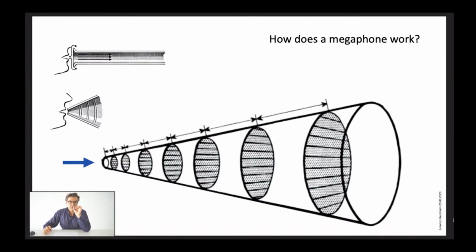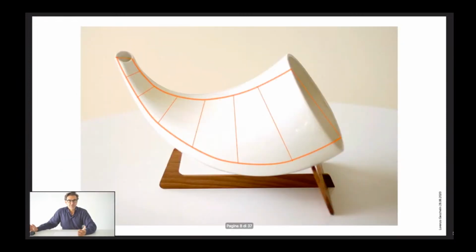The noise you generate with your mouth enters this cone-shaped form, and thanks to the conical shape, it spreads as it goes out on the other side. It pretty much works as a megaphone.